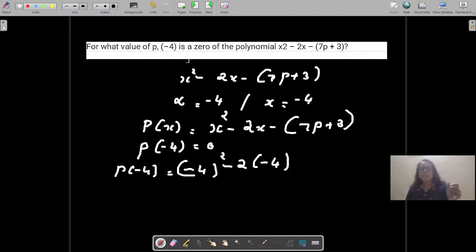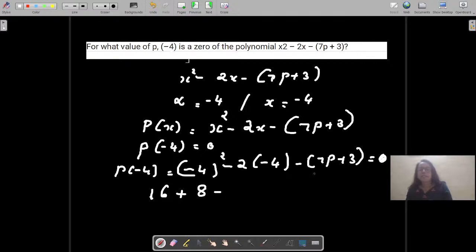Then minus, put the bracket, 7p plus 3 is equal to 0. When we are substituting x as minus 4, you have to write the right hand side as 0. So what is minus 4 whole square? 16. Negative into negative is positive. 2 4s are 8.